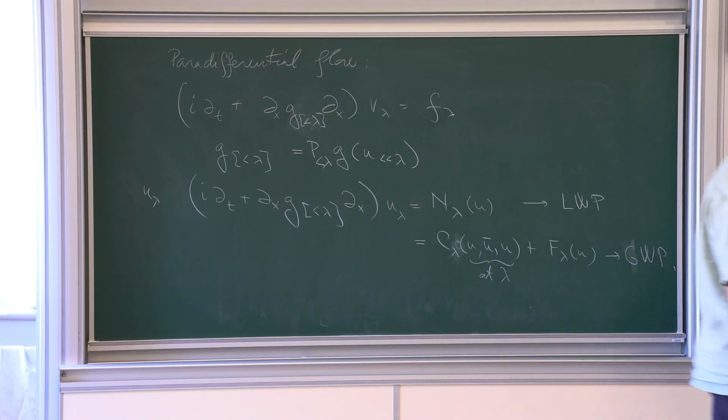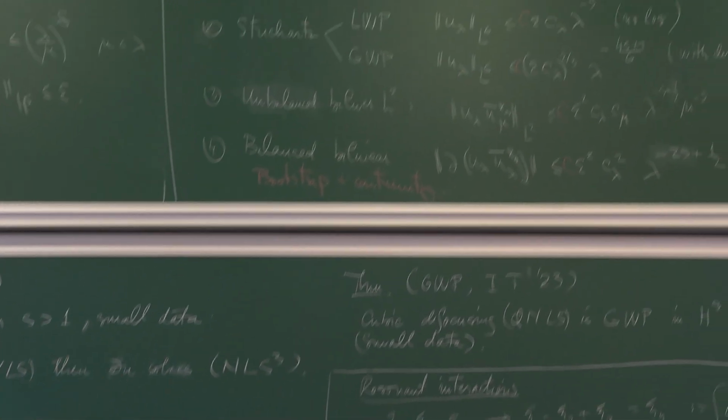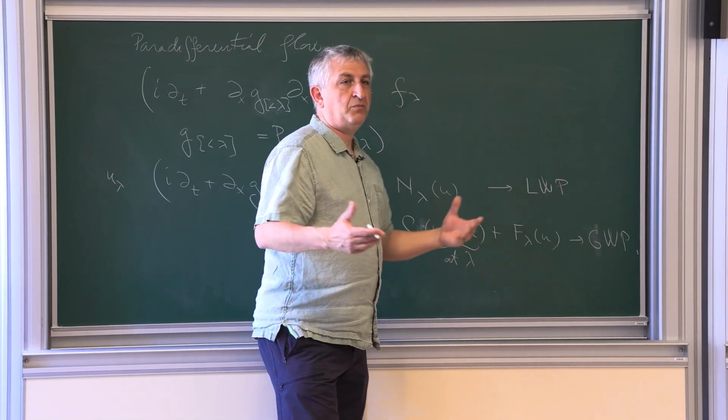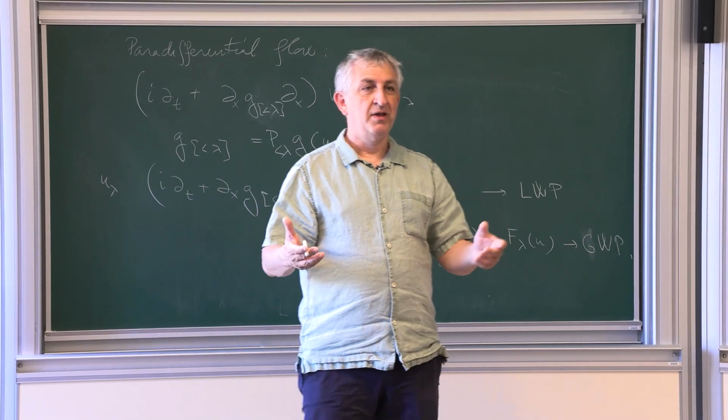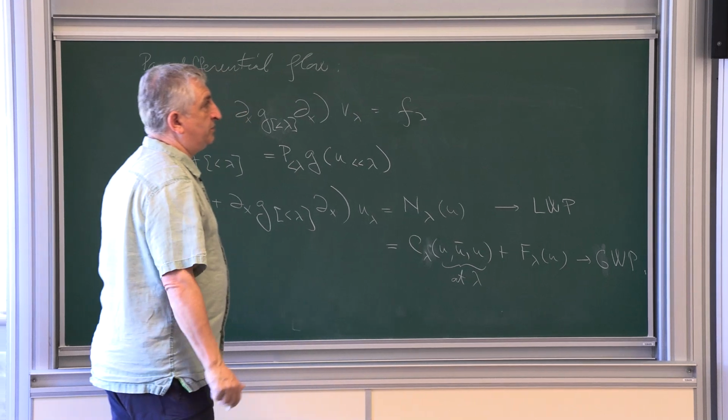Now, if you look over there, for local well-posedness, we expect to have access to better Strichartz estimates than for global well-posedness. So for local well-posedness, we can use that Strichartz estimate to do C lambda perturbatively, but for global well-posedness, we cannot. And here's how the numerology works out somehow.